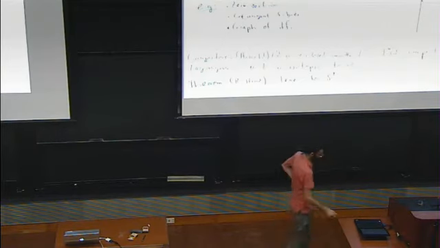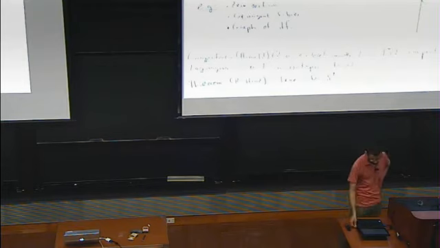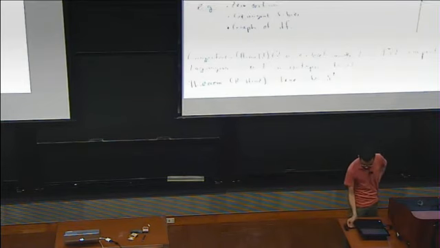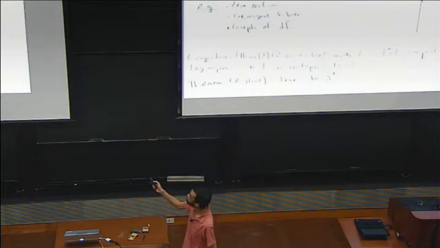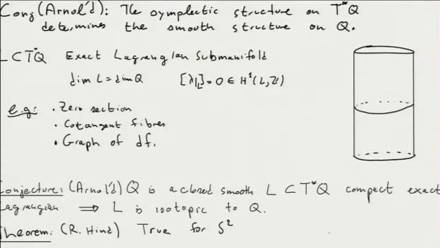So there's quite a few examples. For example, you can take the zero section, as I said. The zero section is somehow p equals 0. If I take this form and I set p equals 0, then indeed I get 0. So Lagrangian means the form is closed. Yes, Lagrangian means absolutely.